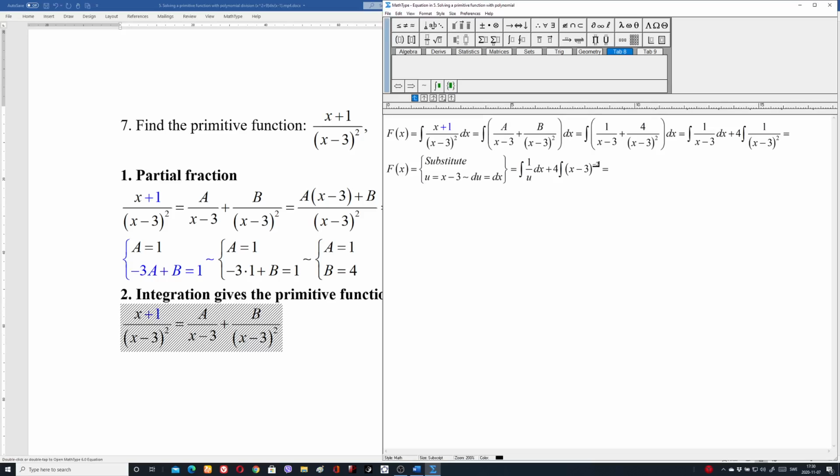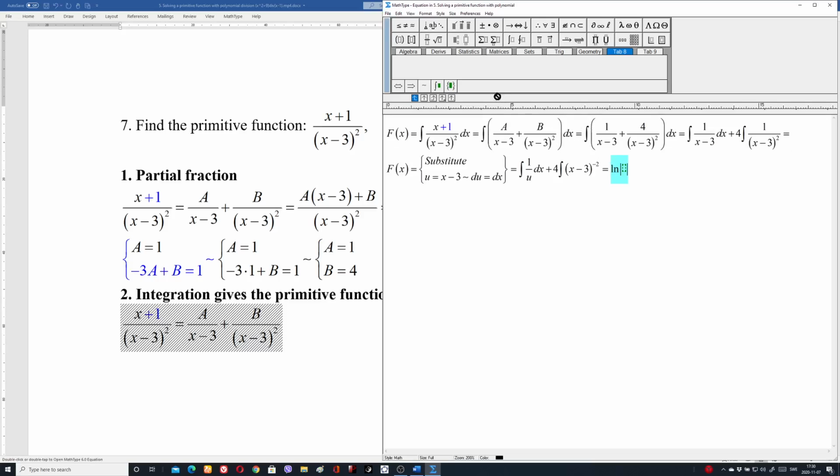So dx. So now the integral of 1 divided by u is the ln of the absolute value of u.